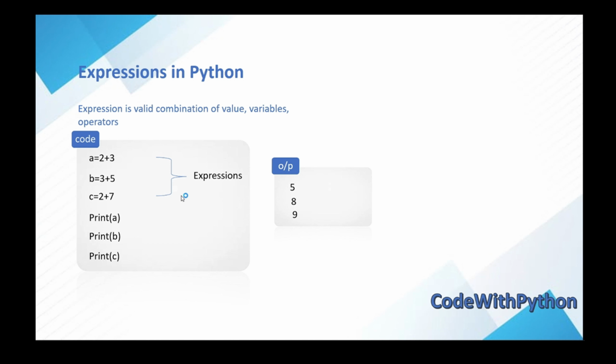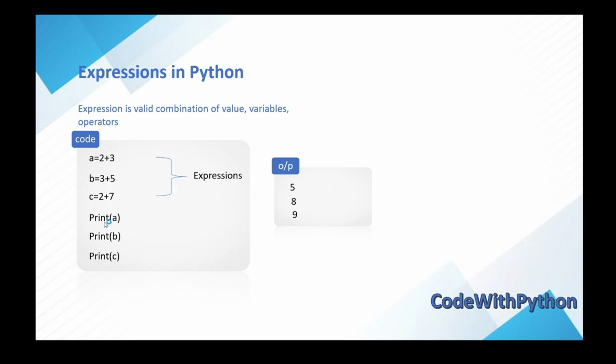So what is here? a is equal to 2 plus 3. a is a variable, 2 and 3 are values, and plus and equal to are operators. So an expression is a valid combination of values, variables and operators. In the first, we have written a is equal to 2 plus 3, in the second, b is equal to 3 plus 5, and in the third, c is equal to 2 plus 7.